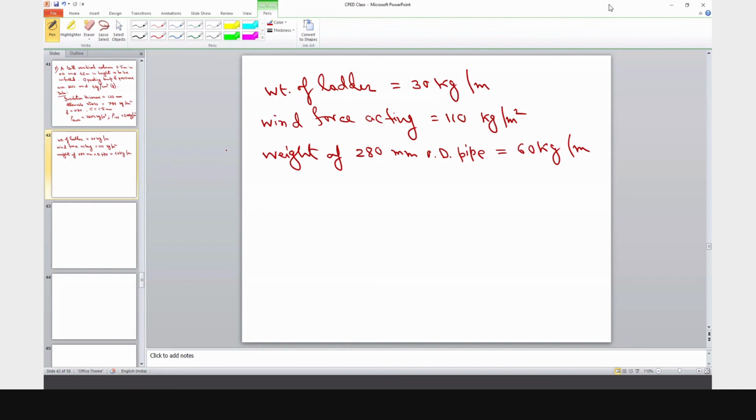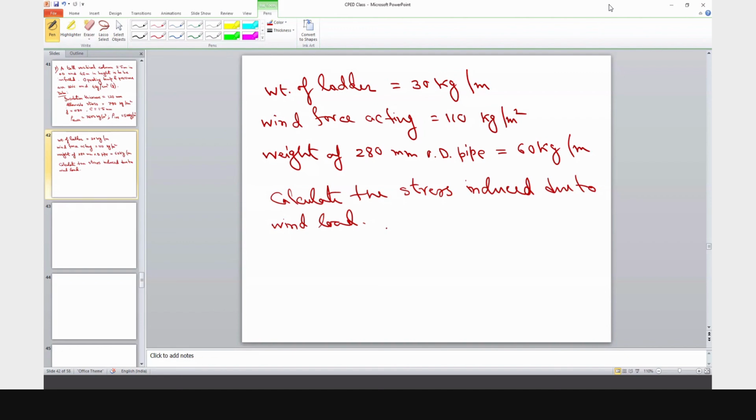Now you calculate the bending stress induced due to the bending moment due to wind. So calculate the stress induced due to wind load.